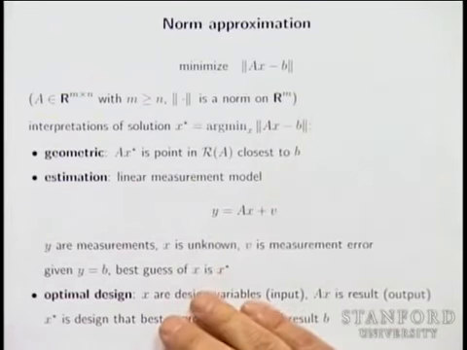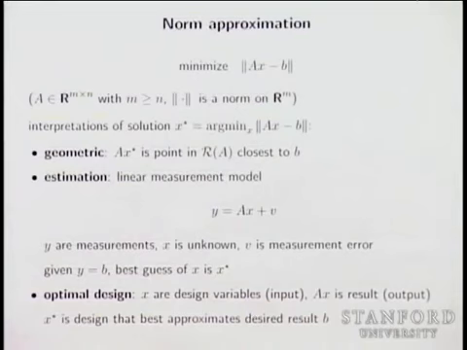And then the norm is a measure of plausibility. Actually, it's a measure of implausibility of the noise v, right? So for example, if norm v is large, that means your guess is highly implausible. If the norm is small, it's more plausible.